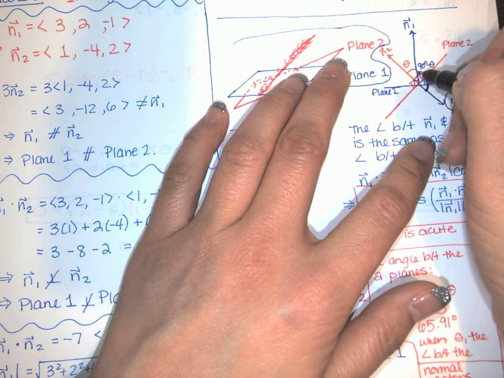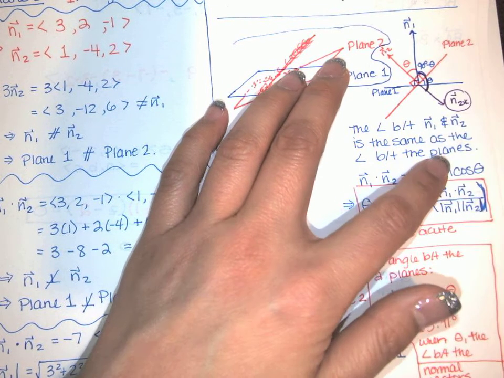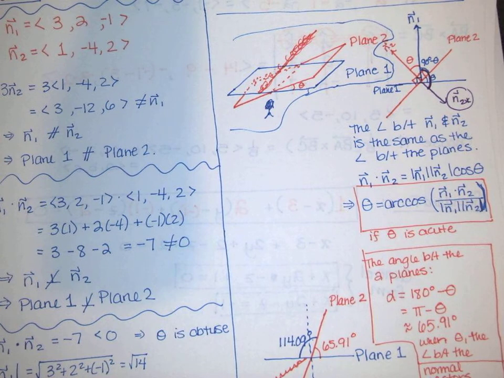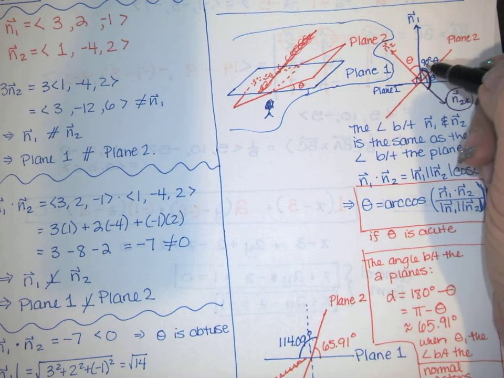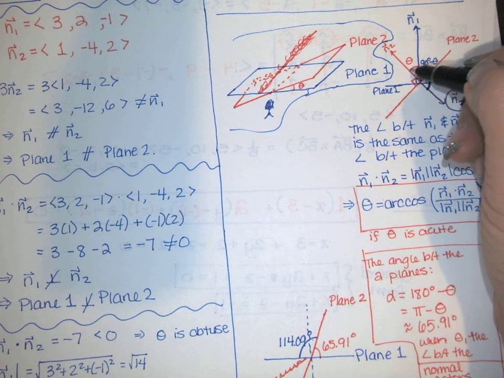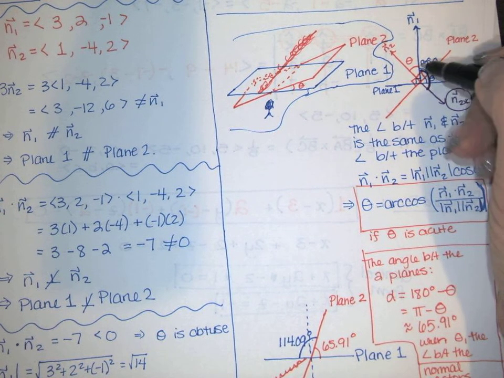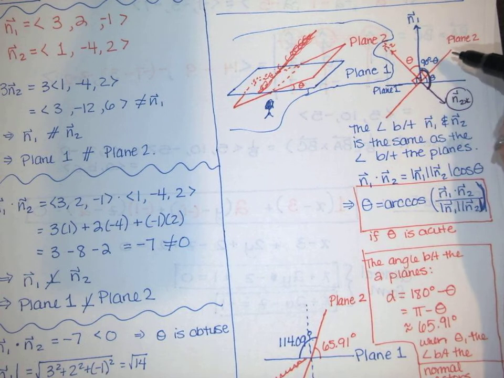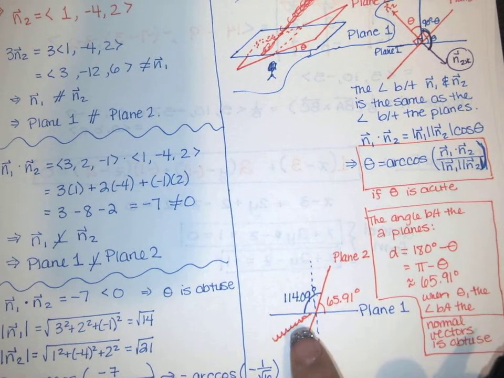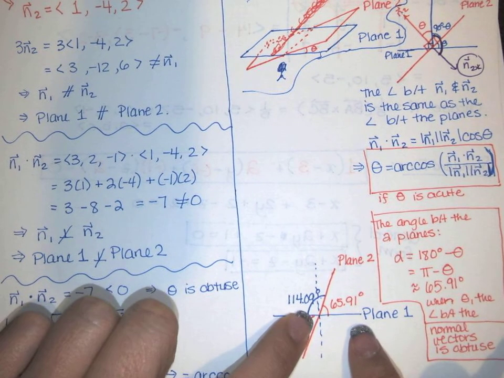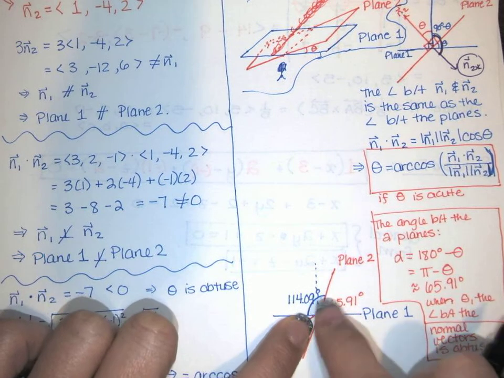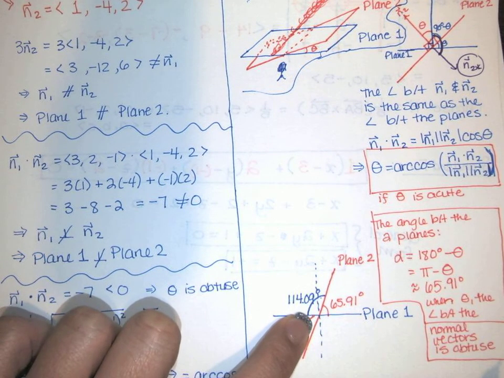Now the angle between n1 and n2 star in that case is obtuse, but the angle between the two planes is actually the smaller one. It's that angle there. That angle is equal to that angle. This obtuse angle, it's also an angle between the two planes, but it's not the one we mean. Whenever we talk about an angle between two planes, we're talking about the smaller of those two angles.